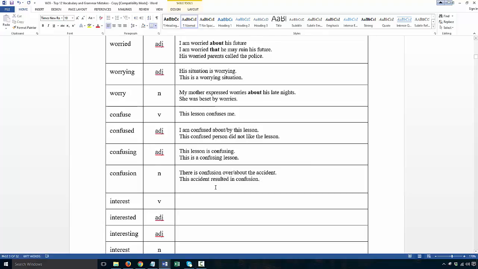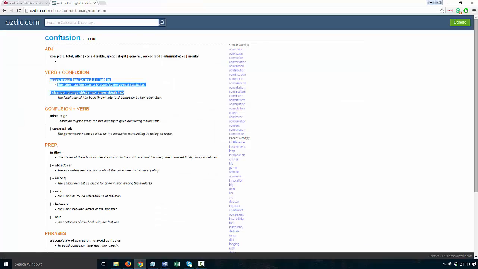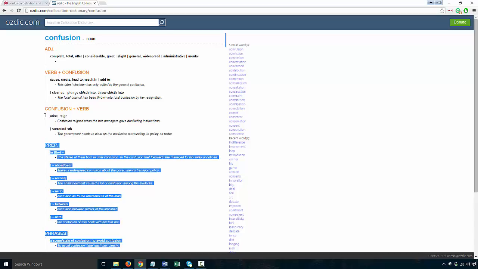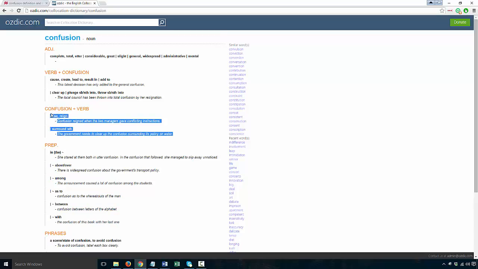Let's use confusion as a subject. So confusion will be the subject. Now, even if you go to the OSDIC dictionary, it gives you some collocations. Confusion plus verb. So what kind of verb can you use? Confusion reigned, confusion arose. It's in the past simple tense. Confusion surrounded something. So if every time you go to OSDIC, when you use this, it's very natural.